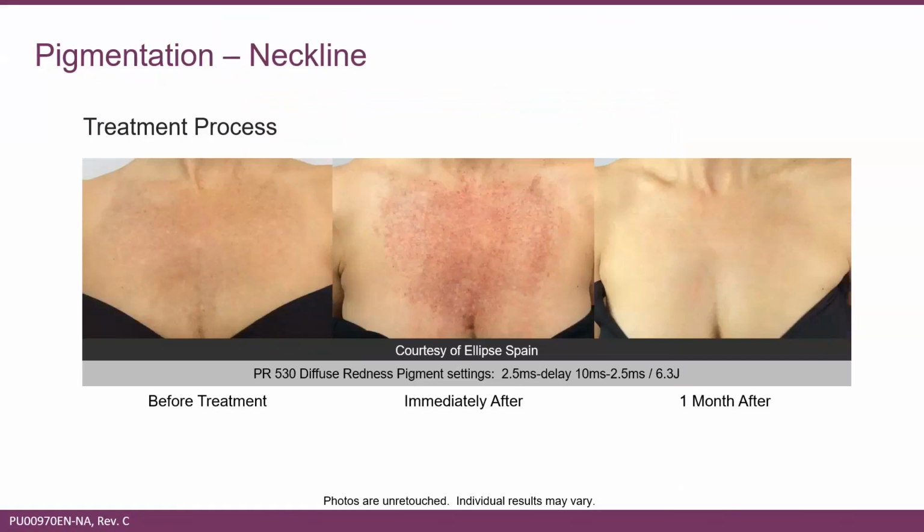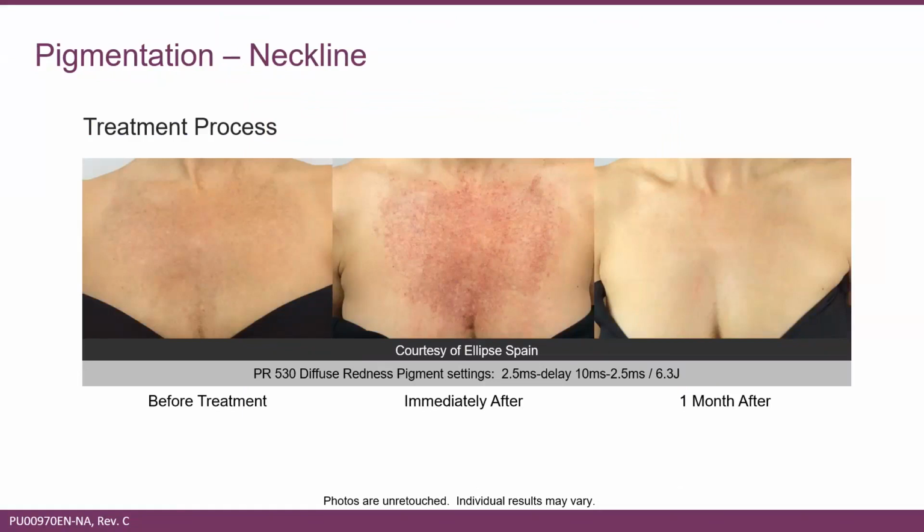Here, as I mentioned earlier, when you treat the chest area, you get a lot of erythema. So we have the before picture, immediately after the treatment where you can see a lot of erythema, but a month after the treatment, very nice clearance of this pigment.